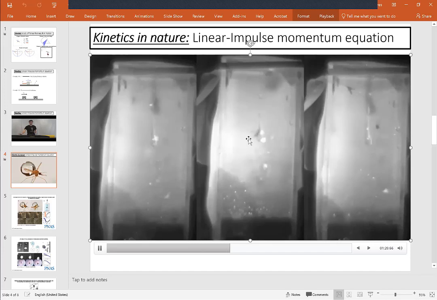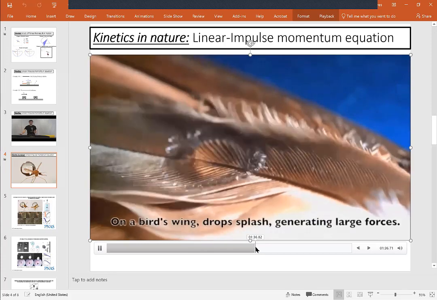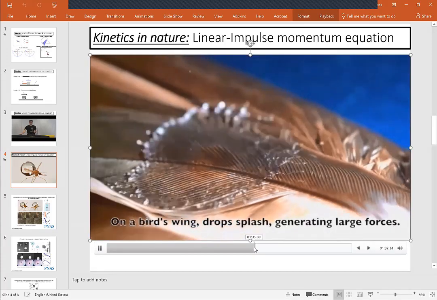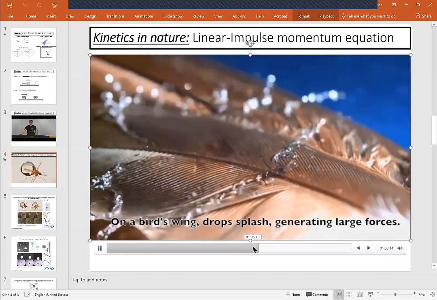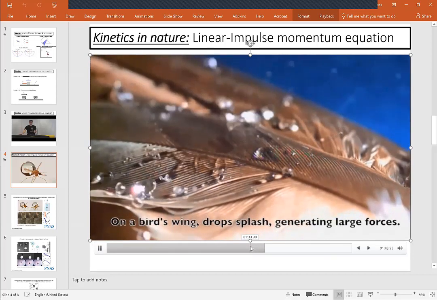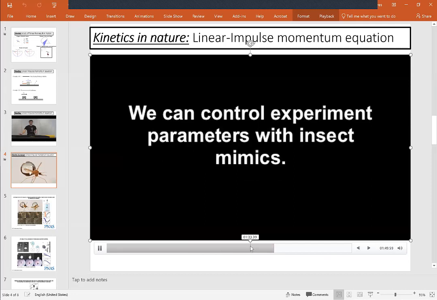When it traps the mosquito, it's bad, but as soon as it lets it go, then it's okay. Now, this is the difference. If water doesn't bounce off, all that momentum that was coming with the raindrop is transferred to the mosquito, and that is what breaks you in the end.